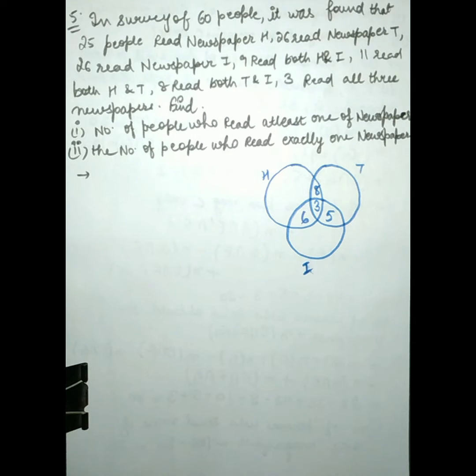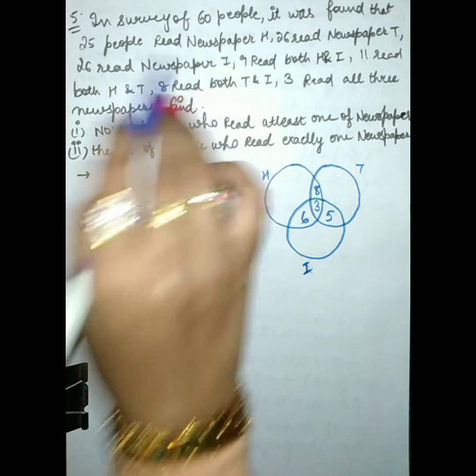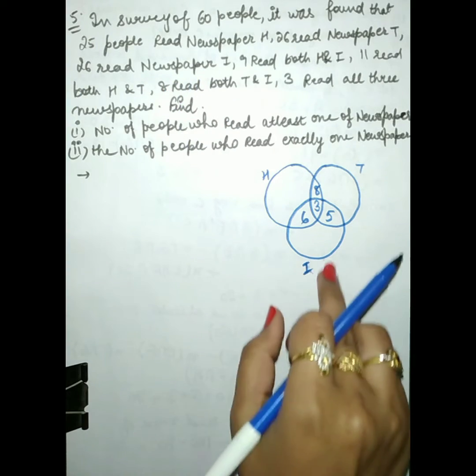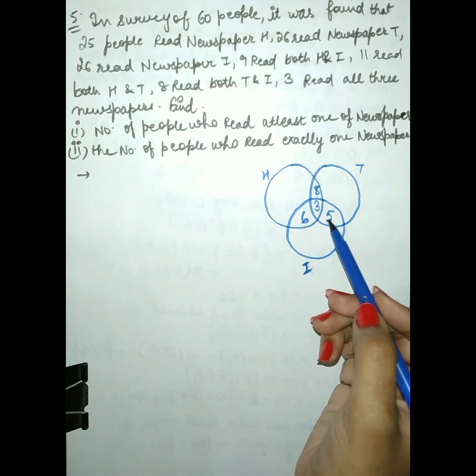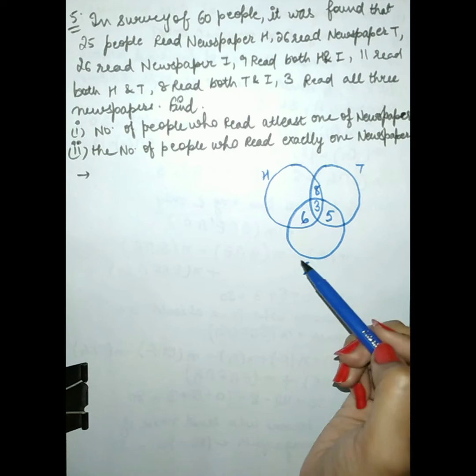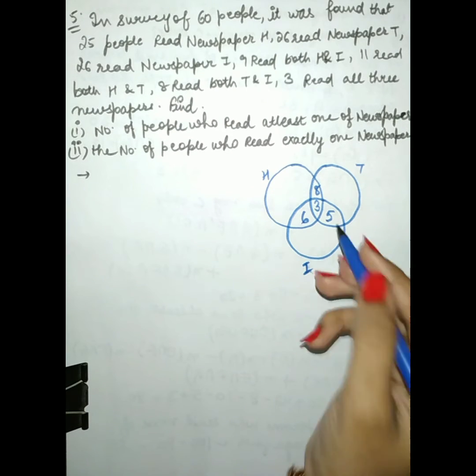And we are given that 26 read newspaper I, but here we have 6, 5, 3, which is 14. So 26 minus 14 becomes 12.